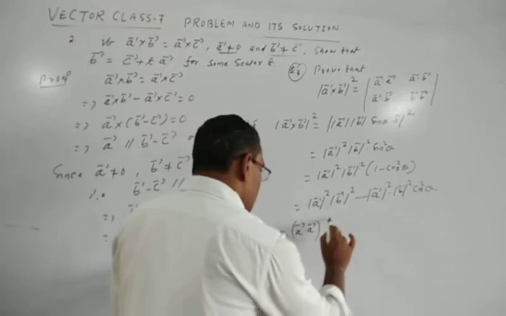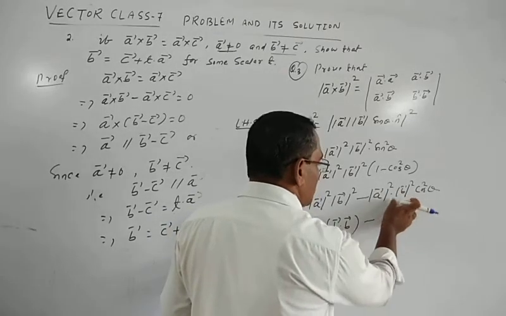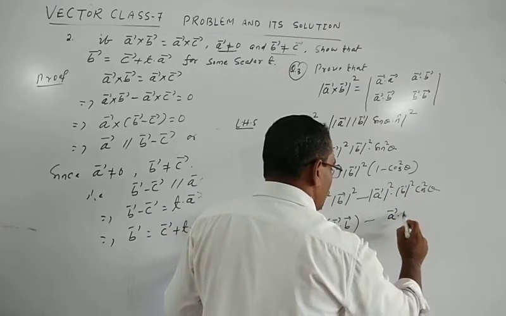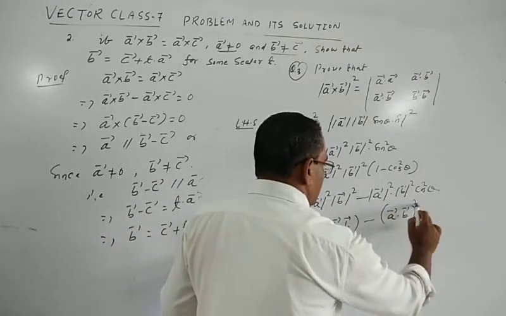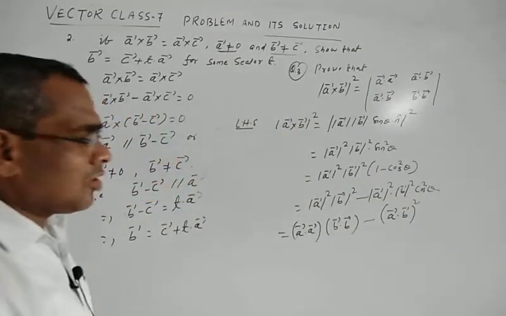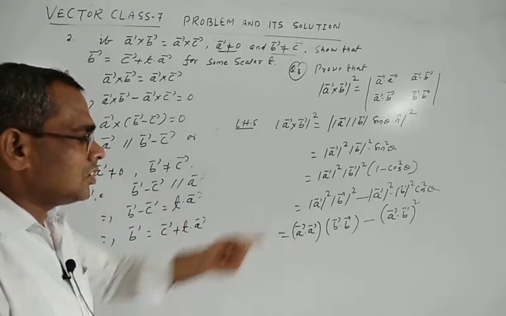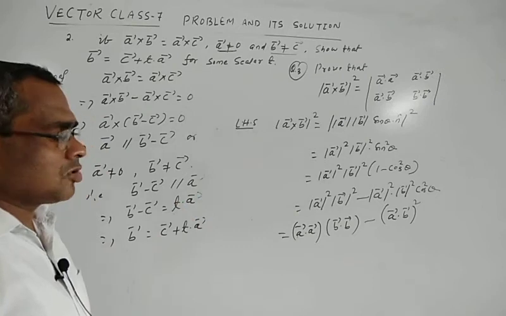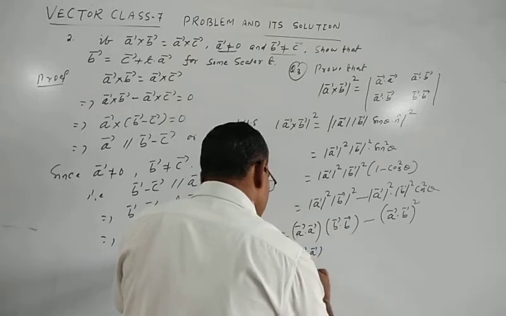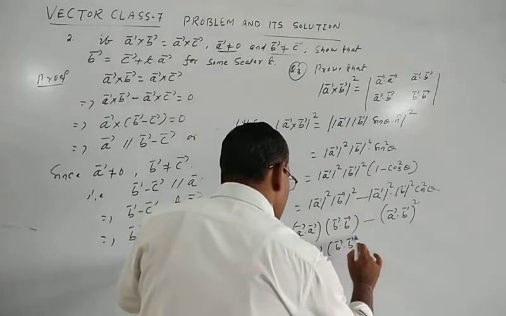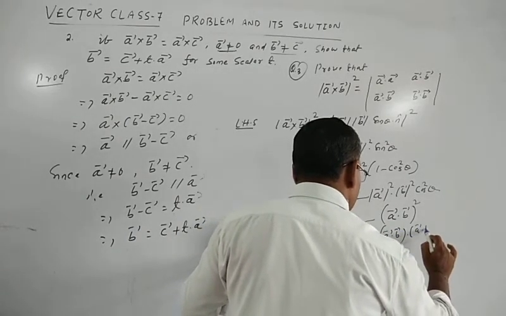So this is A dot A times B dot B minus A dot B whole square, because A dot B means A magnitude, B magnitude into cos theta, and squared it gives A magnitude square, B magnitude square, cos square theta. That is A dot A times B dot B minus A dot B into A dot B.